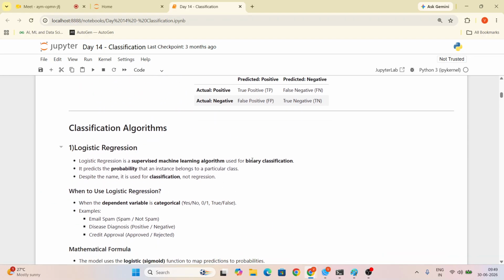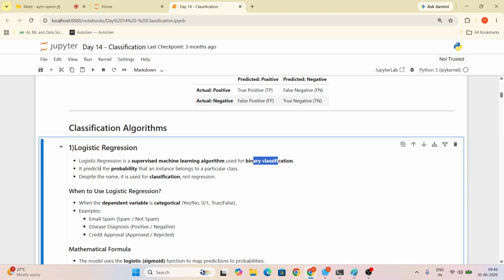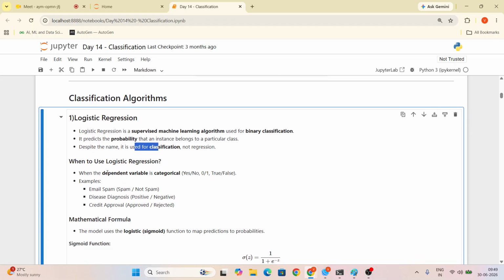It's used for binary classification and it predicts the probability of a particular class, in the range 0 to 1. The name has regression, but it's not regression, guys. It's used for classification. We use it when the dependent variable is a category, 0 or 1.